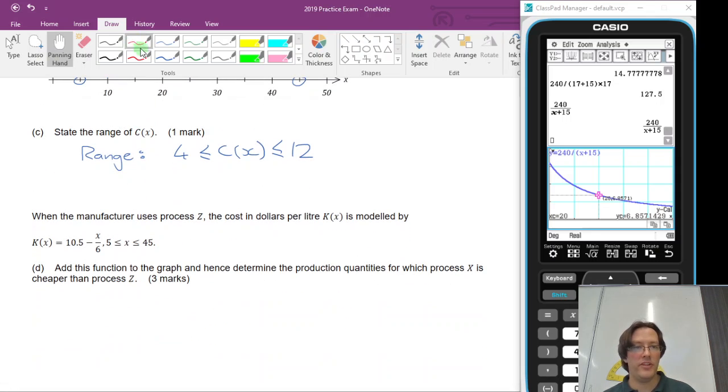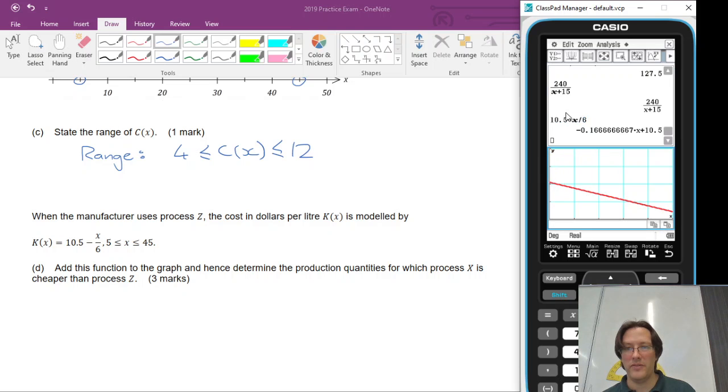So we got another process, process Z. The cost in dollars per litre is that here: 10.5 take x on 6, between 5 and 45. So let's do that one. 10.5 take x divided by 6.